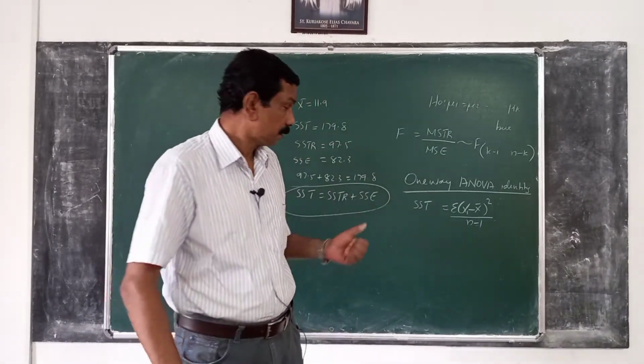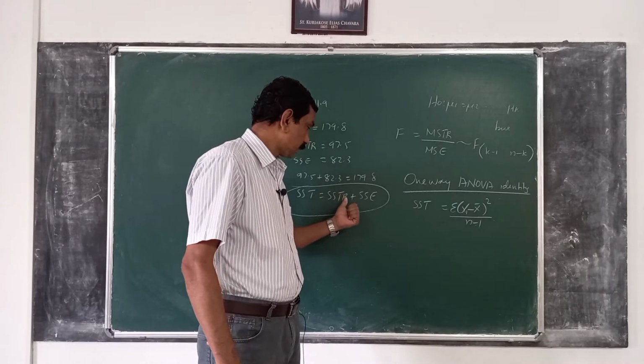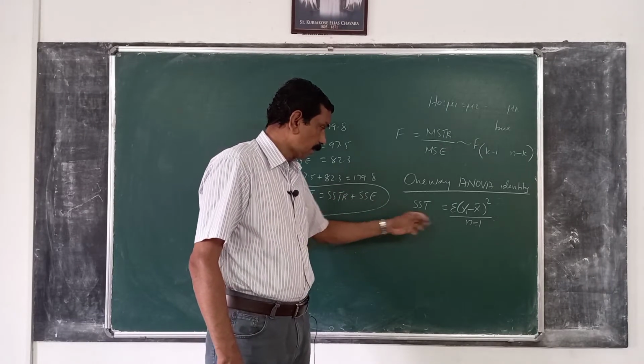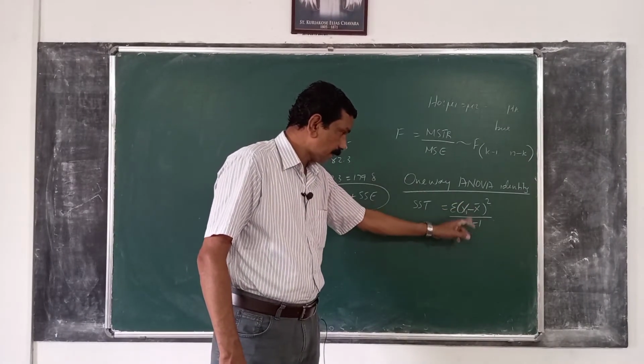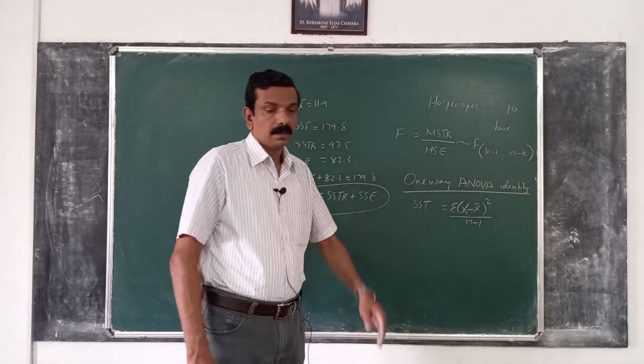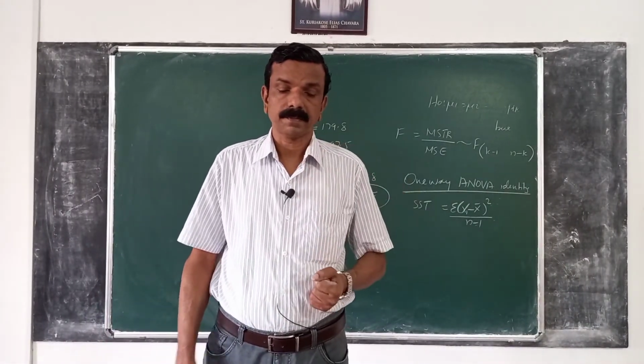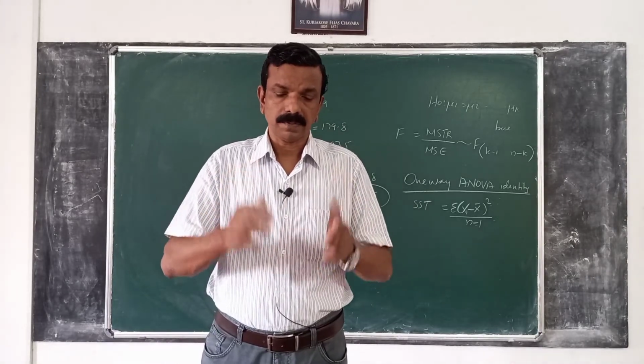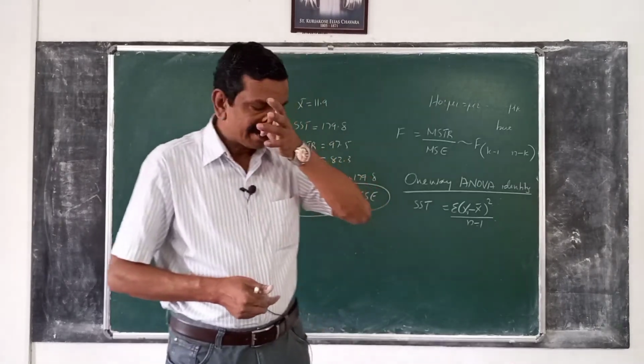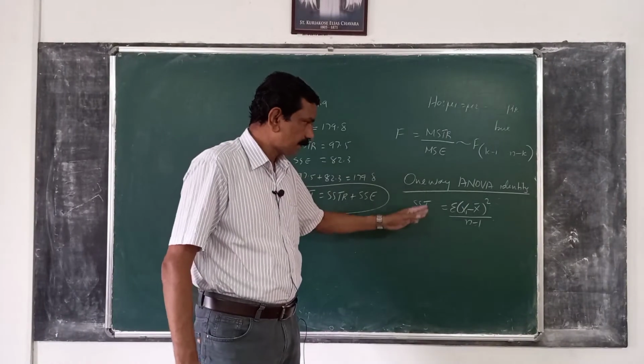Remember this always. SST divided by n minus 1 will give you the measure of total variation.